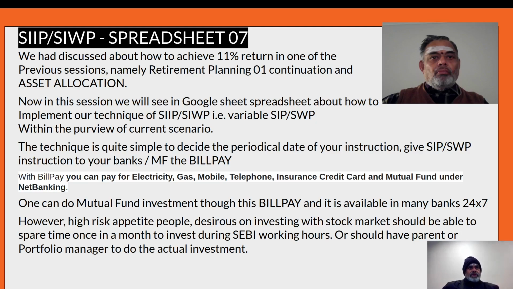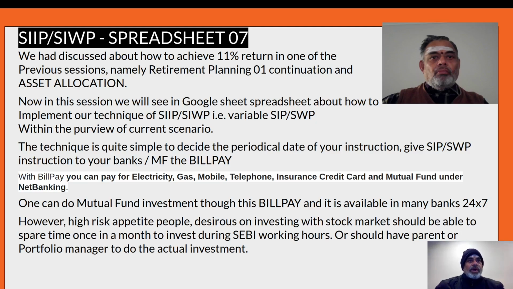Now, in this session, we will see in a Google Sheet spreadsheet how to implement our technique of SIP, that is Systematic Pro Investment Plan, and Systematic Pro Withdrawal Plan, that is variable SIP, SIWP, within the purview of the current scenario.